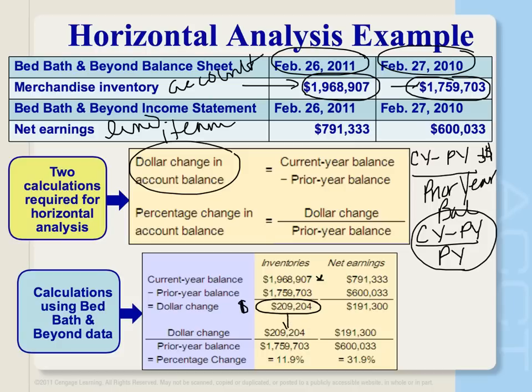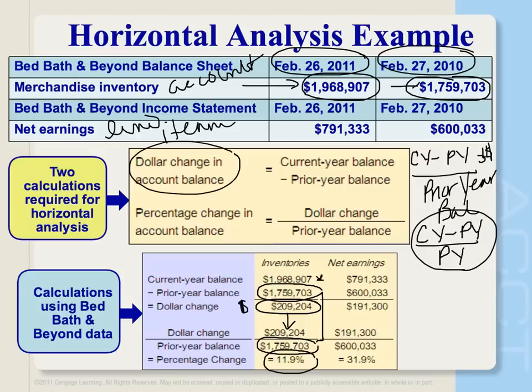We're then going to take that and divide it by the previous year. So here's the previous year. And you get 11.9% change from year over year. So what this means is that from last year to this year, inventory grew 11.9%. That's what that says.